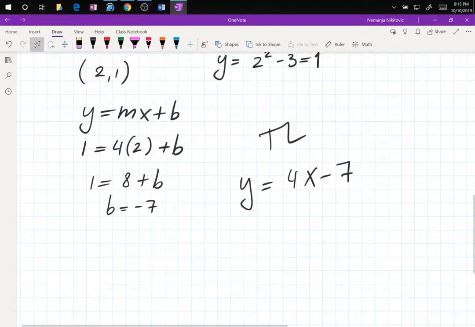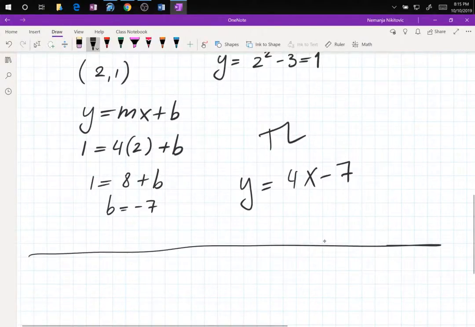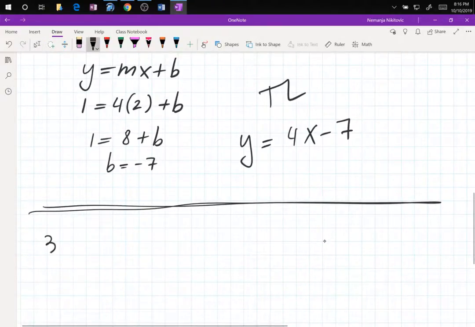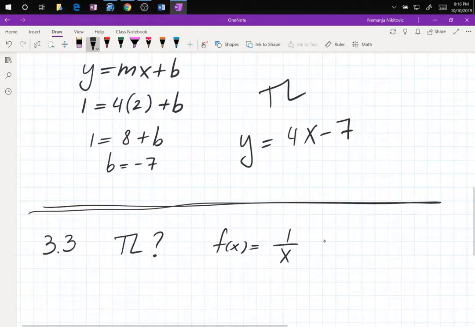Well, now we're moving through the chapter and making this calculation much faster. Let's say 3.3. Again, tangent line. So in 3.3, tangent line, function given by 1 over x, and x equals, let's say, 6.